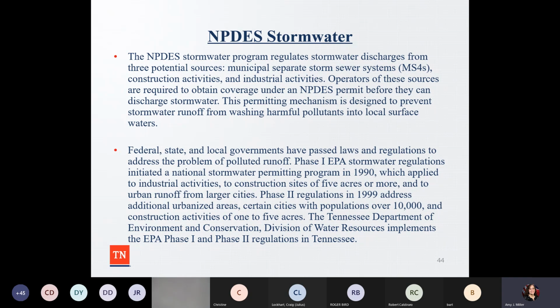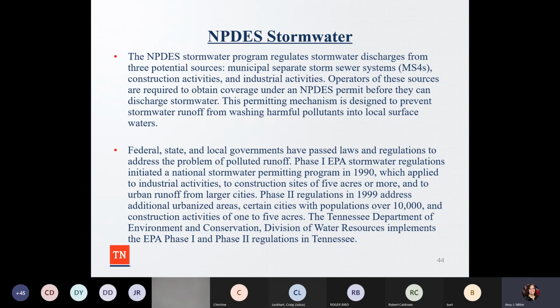So there's phase 1 EPA stormwater regulations that were initiated through a national stormwater permitting program in 1990. And they applied to industrial activities, construction sites of 5 acres or more, and to urban runoff from larger cities. Phase 2 was done in 1999 to address additional urbanized areas, and then certain cities with populations over 10,000 and construction activities of 1 to 5 acres.